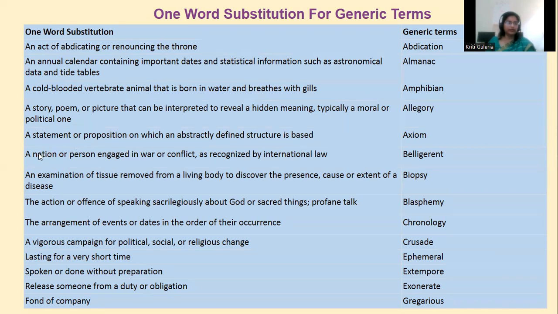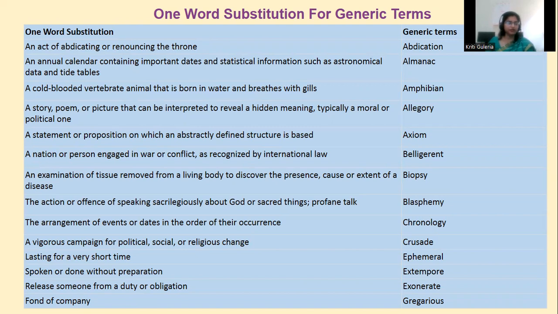So moving on with the next phrase, where it reads out, a nation or person engaged in war or conflict as recognized by international law. This entire phrase can be substituted by the word belligerent.